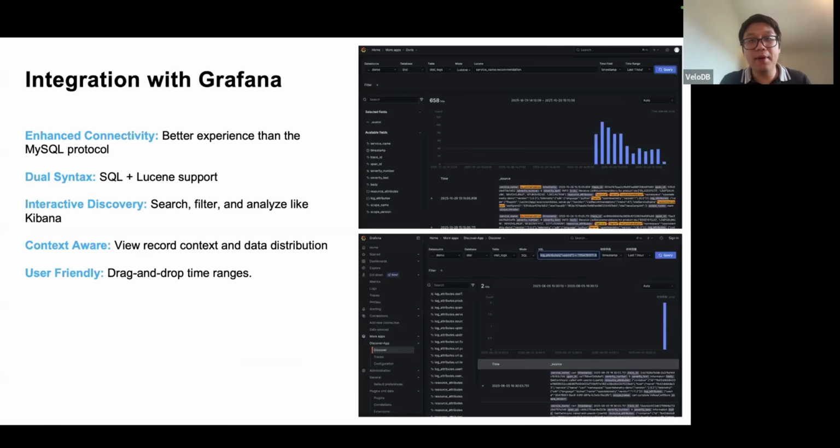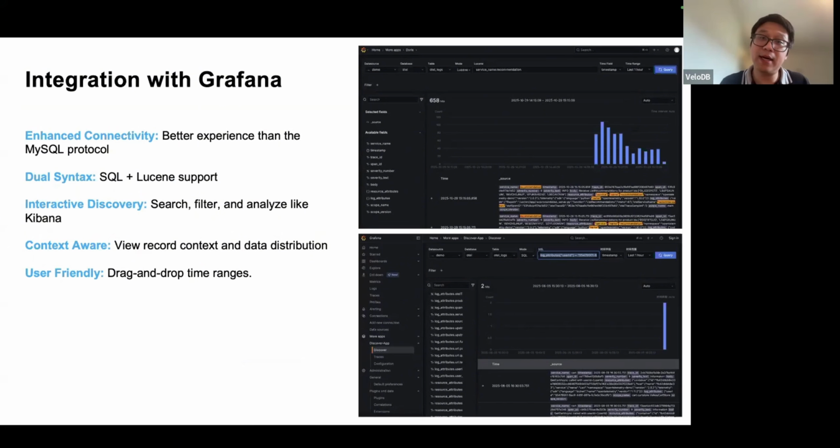At the same time, we also added integration with Grafana in the form of a plugin so that we can offer better experiences in terms of connectivity. It is based off the MySQL protocol, so hopefully it's familiar. We also provide dual syntax, so you can use SQL to query your logs or Lucene searches, full text searches.